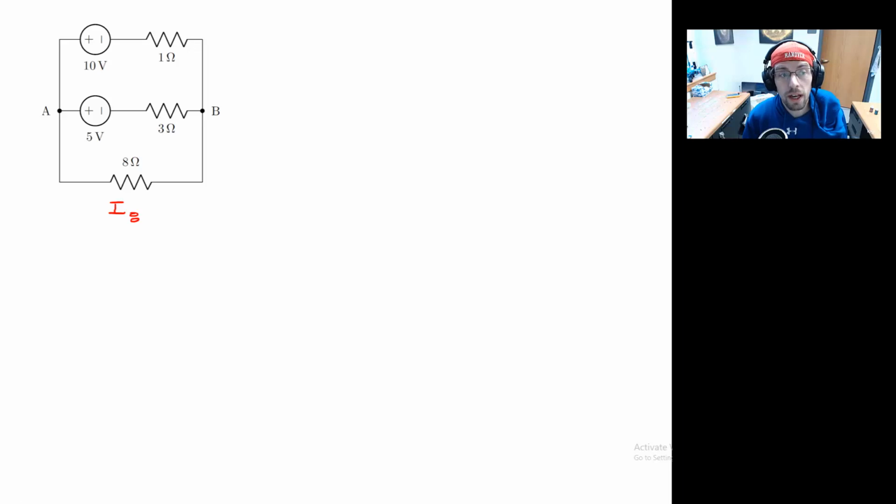Now I've chosen that because, as we see from the figure, we have two potential supplies on parallel branches, and we would like to combine those in a manner that makes the analysis of the circuit easier to perform in order to get this current. Okay? So go ahead, take a minute and see if you can do the source transformations so that it's straightforward to combine the sources.